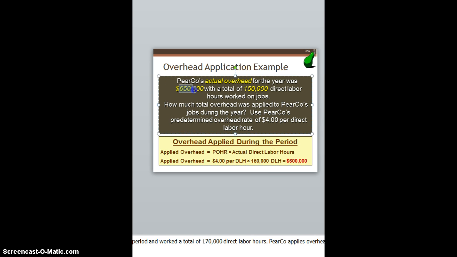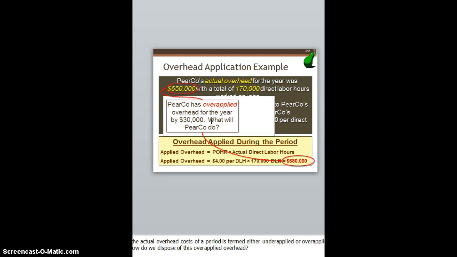But we actually incurred $650,000 of overhead. In this instance, we would be underapplied by $50,000, because this would have been 600 versus the 650. That would be $50,000 underapplied.